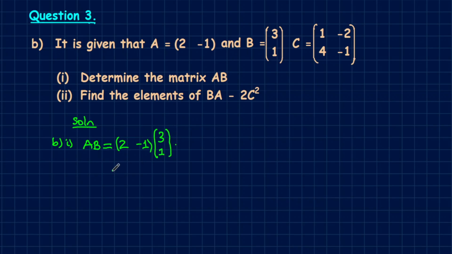When we do this multiplication, our AB, bearing in mind, is a 1 by 1 matrix. So we multiply the first row and the first column and we sum up the results together. So 2 times 3, we get 6. Negative 1 times 1, we get negative 1. And of course, plus minus will balance back to minus.